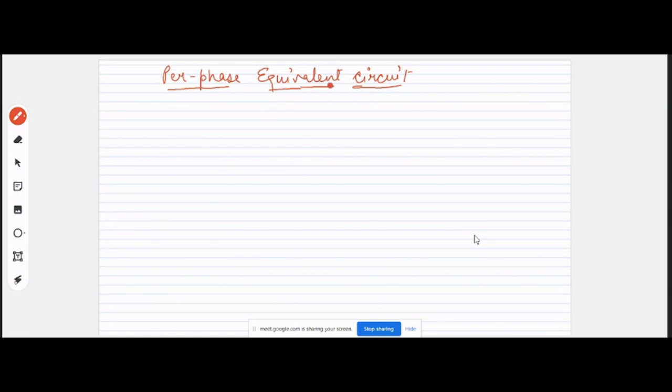Basically, to analyze the behavior of the machine, we require the equivalent circuits, right? Because we want the electrical behavior, that's why we develop the electrical equivalent circuit. If someone is interested in mechanical behavior, then he will develop a mechanical equivalent circuit, right? And in this course, we are interested in knowing the electrical behavior of the induction motor.